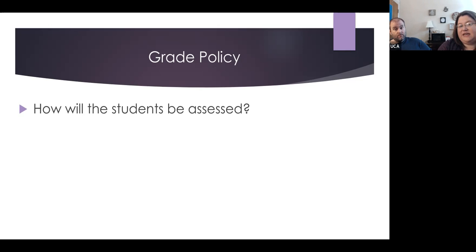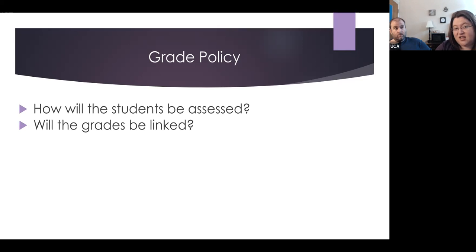How are your students going to be assessed? And where are you going to assess them? Are you going to only assess in college algebra, or do you want to assess in foundations? Are you going to want to have homework and tests in foundations and in college algebra, or just in college algebra?